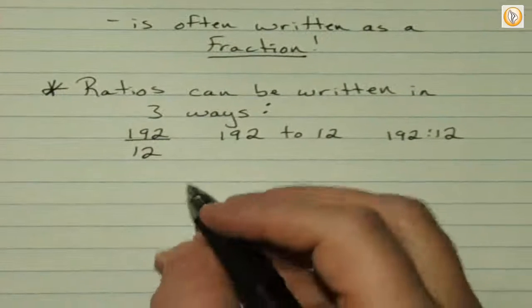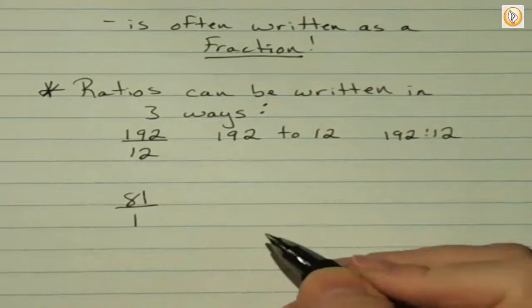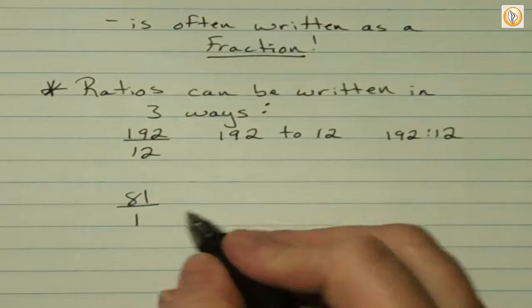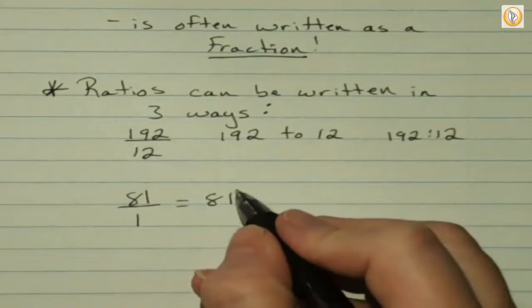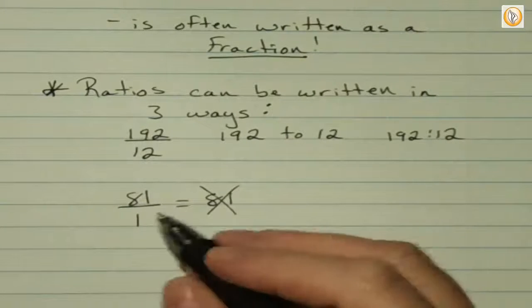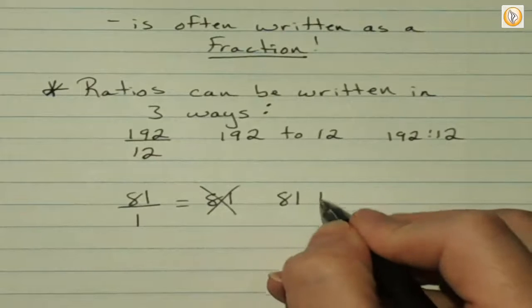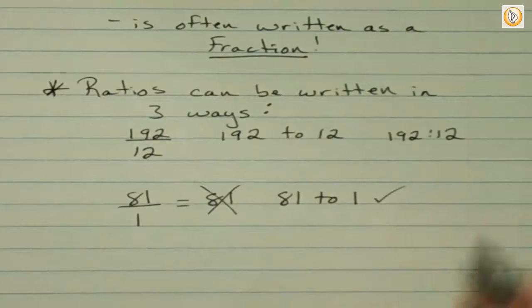I've had kids who, if it's 81 over 1, will say, oh, that's 81. No, it's not. That is 81 to 1. So it's written as a fraction, but we don't treat it as such. Be very, very careful.